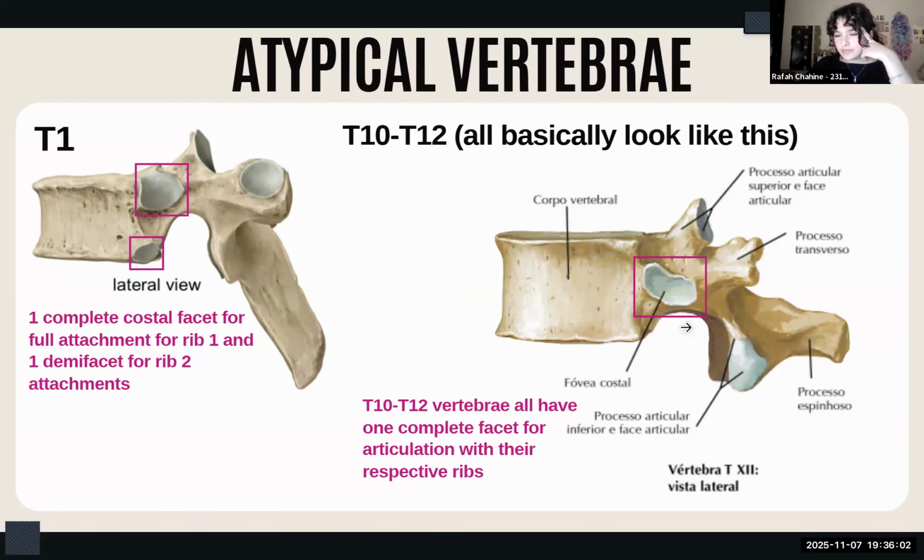Can you guys remind me, ribs number 10, 11, and 12, were they typical or atypical? Float, yes, float, atypical, exactly. They were also atypical. Why? Because they only had one articulating facet, right? They had one articulating facet because their vertebrae only have one articulating facet. So T10 can only hold rib 10, T11 can only hold rib 11, and same for T12. Are we good?